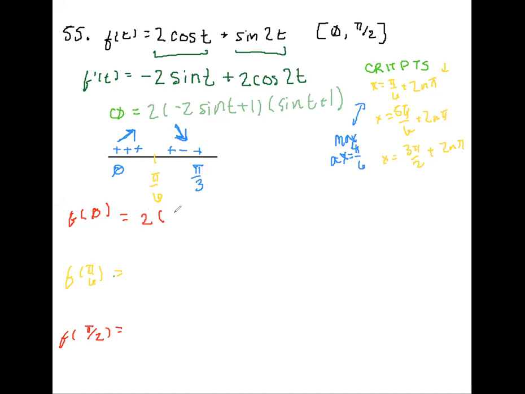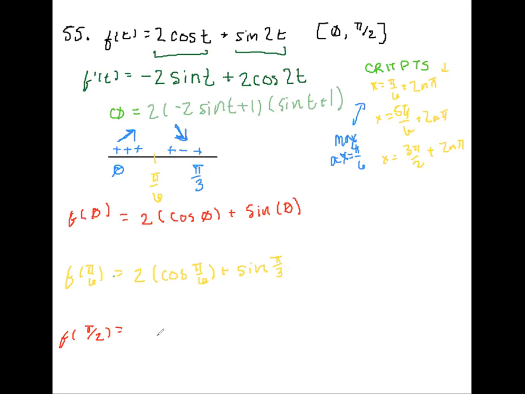So now I have 2 times cos 0 plus sine 0. I have 2 times cos pi over 6 plus sine, what is this sine of? T, and if my t is pi over 6, then this is, yes, going to be pi over 3.